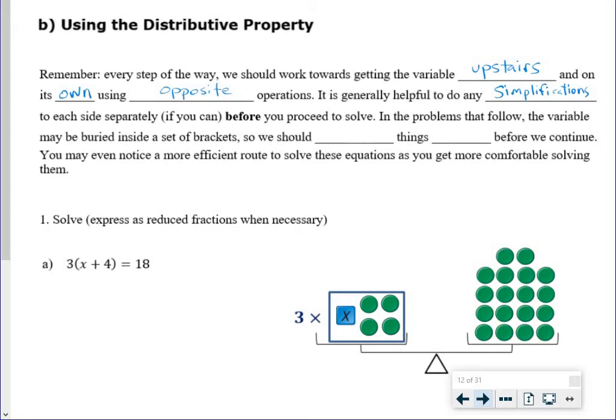In the problems that follow, the variable may be buried inside a set of brackets, so we should simplify things first before we continue. And you may even notice a more efficient route to solve these equations as you get more comfortable solving them. So, again, a helpful rule of thumb after you've simplified everything on each side is to work through SAMDEB.